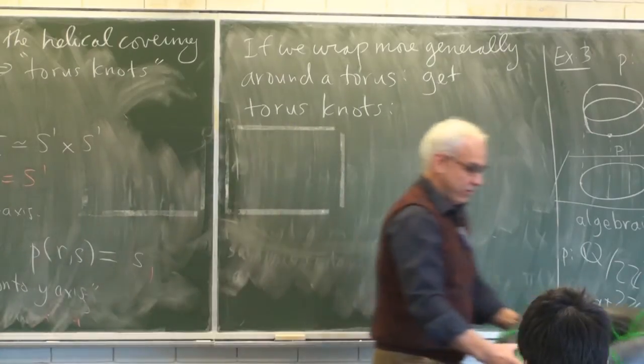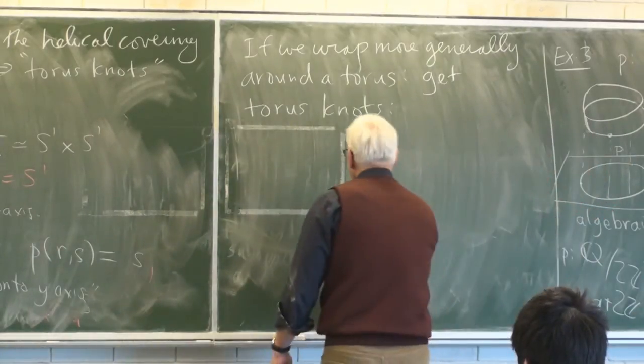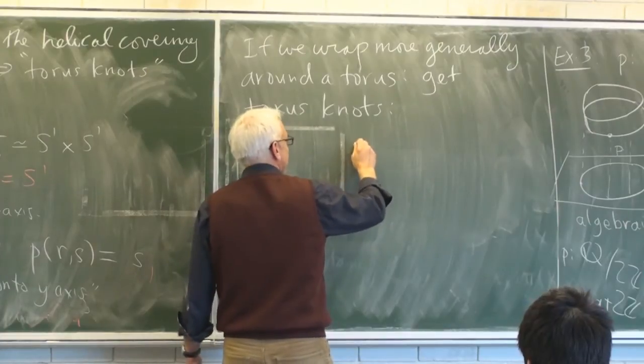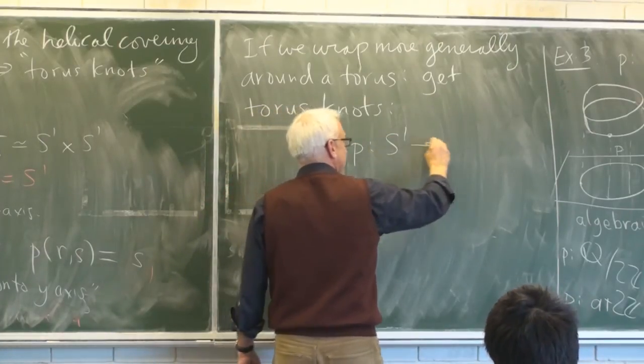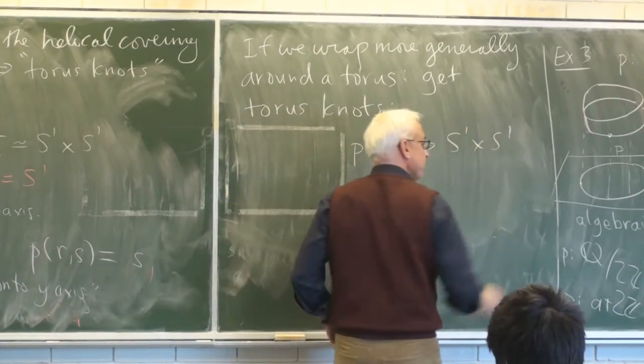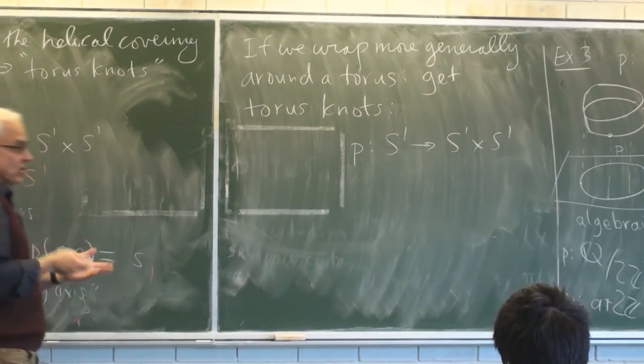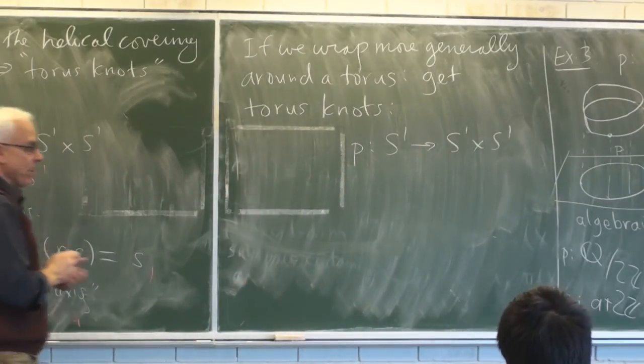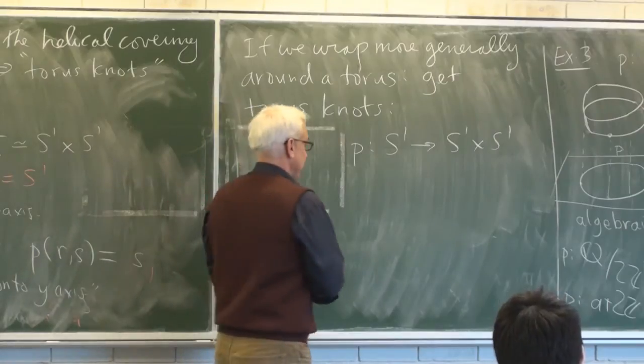So this is an example of a map from S1 to S1 cross S1, which algebraically we could describe in the following rather nice, simple way.